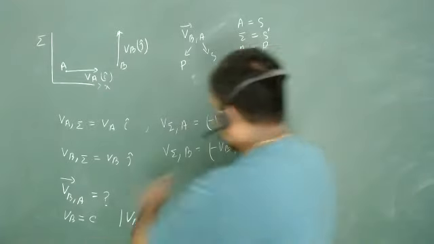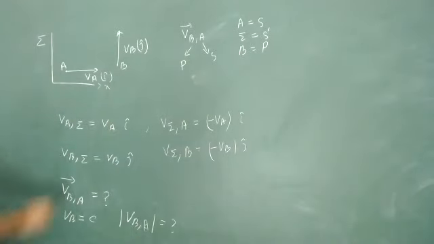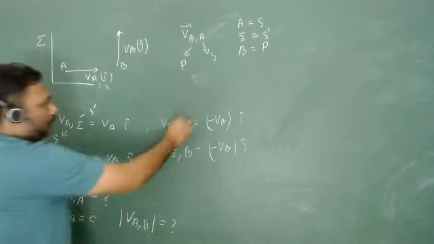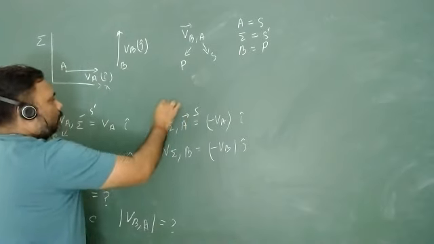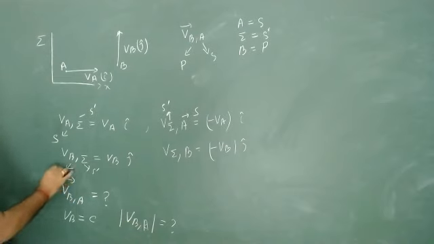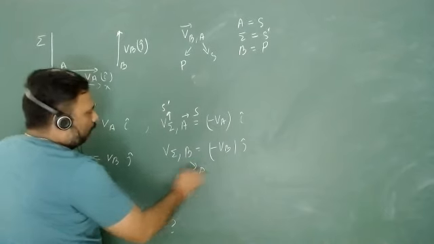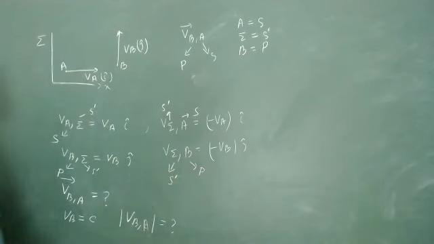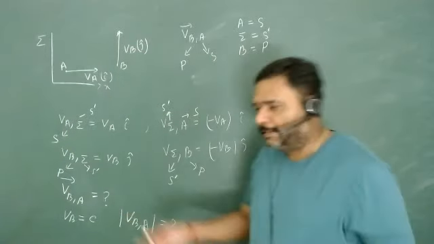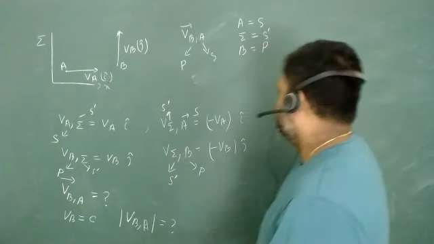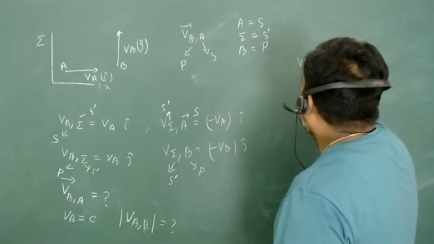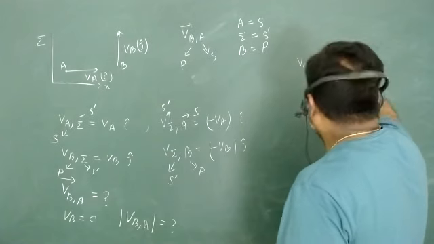Just put all this notation here. Sigma is my S dash, A is my S. Sigma is my S dash, B is my particle. You can see sigma is in all four places, so it is S dash. You can verify it in other terms. Now look here. First thing, the velocity of S dash with respect to S is V in our notation.